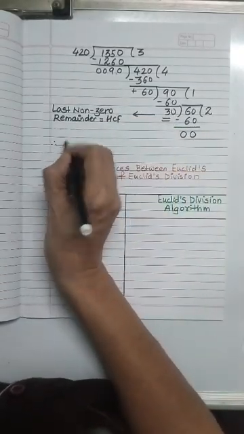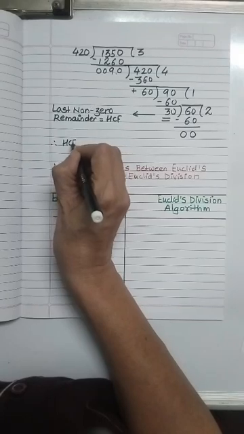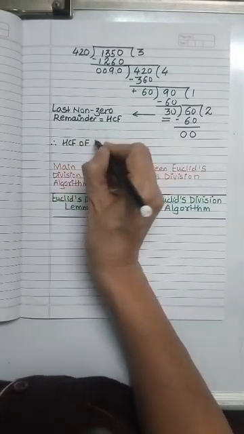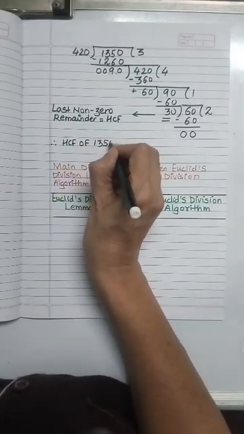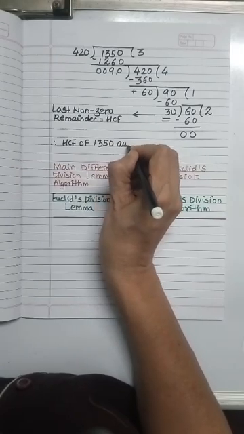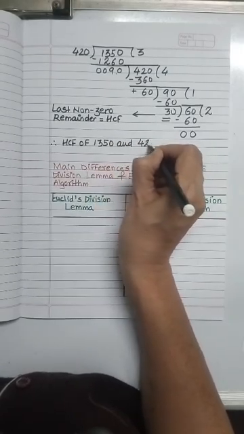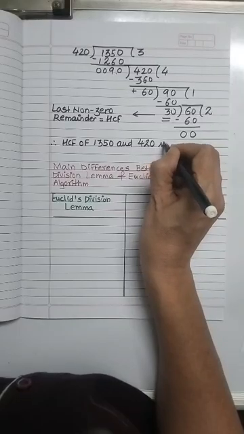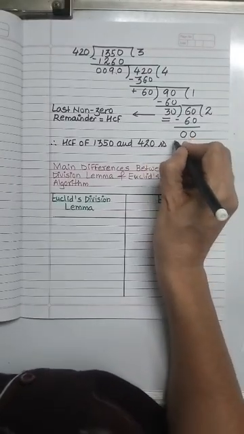Therefore, the HCF of 1350 and 420 is 30.